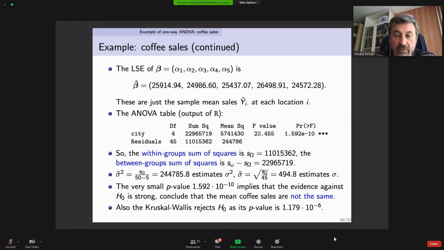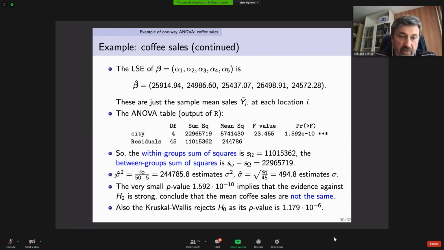That's the value of the F statistic. And then we compute the p-value of this F statistic with these degrees of freedom. So it's I minus 1, 5 minus 1 is 4, and n minus I, this is 50 minus 5, 45. And then we compute the probability that this random variable is bigger than this value, and that's exactly very small.